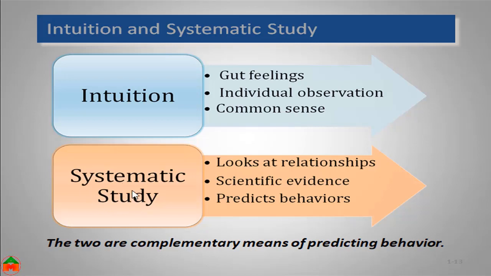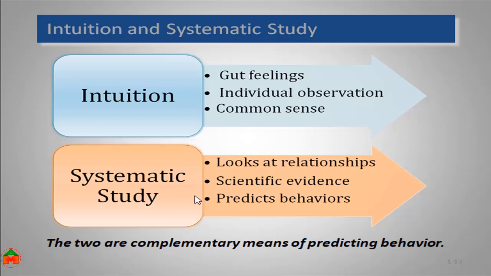And by doing this systematic analysis, you can find out the relationships between the independent and dependent variables. And that is known as scientific evidence. I mean, the findings from the systematic study could be used as scientific evidence. And after getting the scientific evidence, you can predict the behavior of the people. That means, for understanding the behavior of the people, you can apply intuition as well as systematic study or systematic analysis, that is known as systematic research.